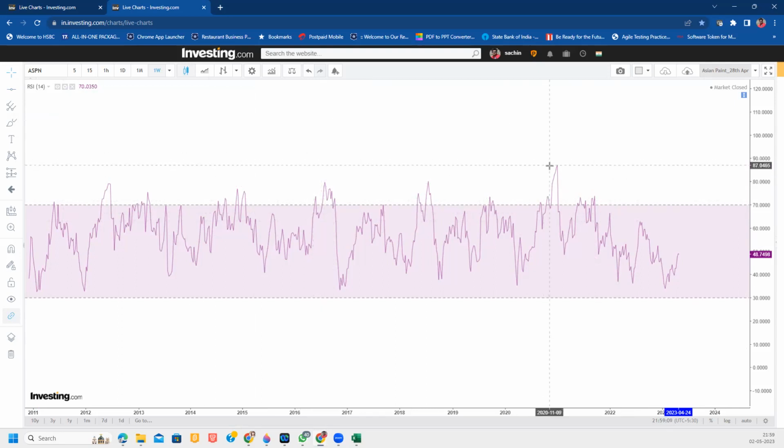The latest one went up to 86. So any value of RSI above 70, we need to be cautious, or we can be ready for short selling, because after 70 it becomes unstable, and it forces price to take a correction.